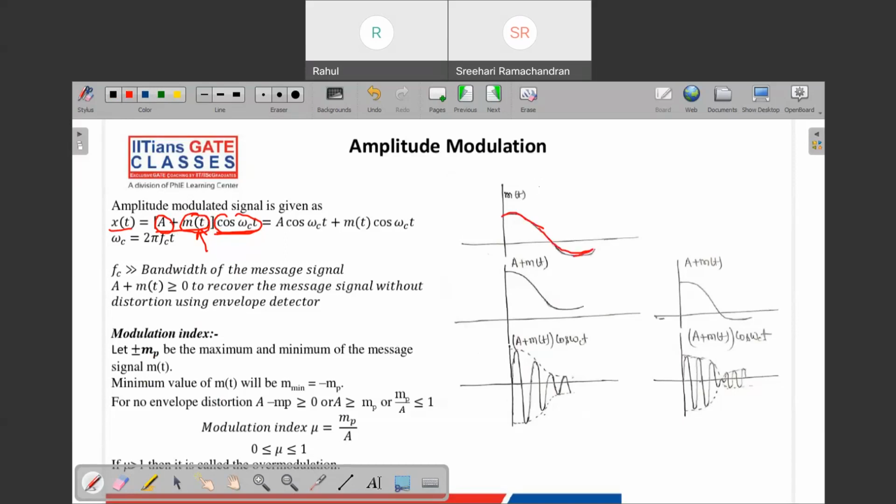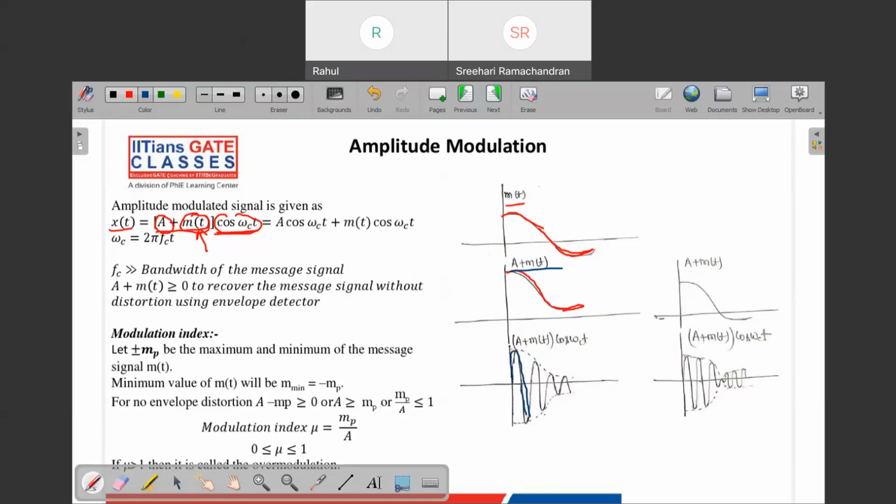Once you add a constant, the entire waveform gets shifted up, and this becomes a plus mt. Now this a plus mt is being multiplied by cos omega ct. So essentially the waveform will be cos omega ct with varying amplitude, and the amplitude will be decided by this a plus mt. This is how the waveform is going to look.